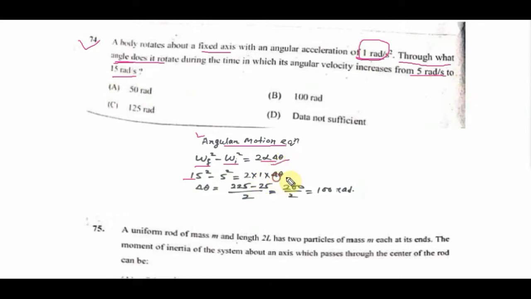So we have to find this delta theta. So delta theta equal to 225 minus 5 square, which is 25, divided by 2. That equal to 200 by 2, equal to 100 radian. So option B is the correct answer.